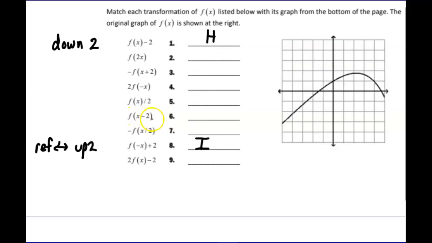What's happening on 6? The inside -2 is the opposite of what it seems, so it should be right 2. Did anybody find one that looked like that thing shifted right 2? This point would be like 1, 2 over here, so it would be doing something like that, further over that way. Well, anybody get that one?